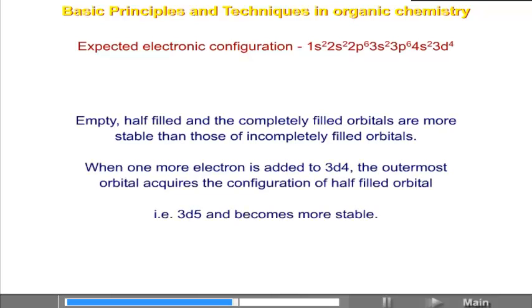Empty, half-filled and completely filled orbitals are more stable than incompletely filled orbitals. When one more electron is added to 3d4, the outermost orbital acquires the configuration of a half-filled orbital, that is 3d5, and becomes more stable.